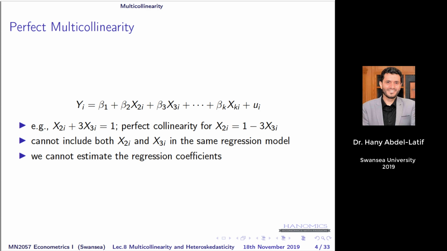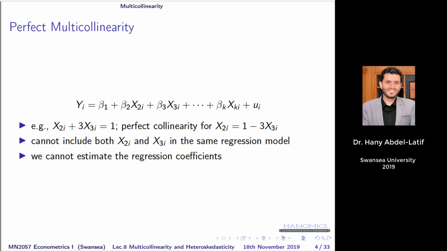Why? Because you can express one of these variables in terms of the other, it's a linear relation. You see, x2 is correlated linearly with x3. So you just rearrange this, and it will give you x2 equals 1 minus 3x3. So that means I can express x2 in terms of x3, a linear relation between x2 and x3. And as I said, in this case, you have perfect multicollinearity.